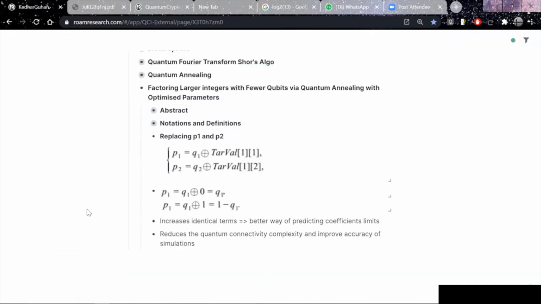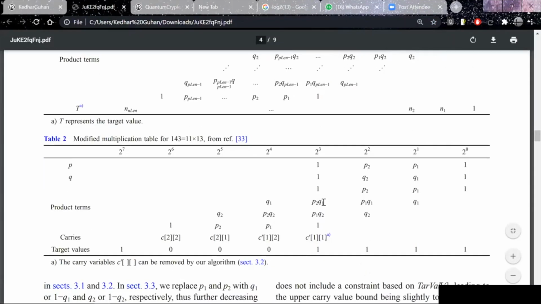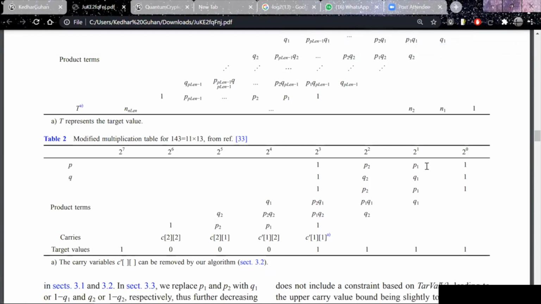So here what we do is we basically replace P1 and P2 based on the target values at the end. If we take this as column 0, and like Mahima told, this as column 1, and this as column 2, then in column 1 we have the 0 1 as target variable.